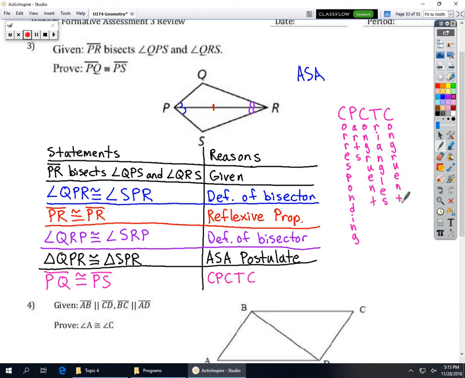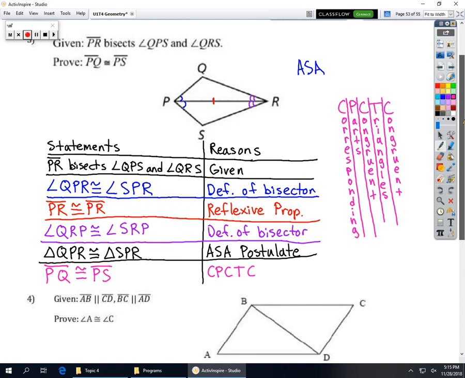Why don't I draw a line so it's actually easier to see? Yeah, this was a bad idea. Corresponding parts of congruent triangles are congruent. CPCTC. Probably should have done this the other way. Anyway, moving along.